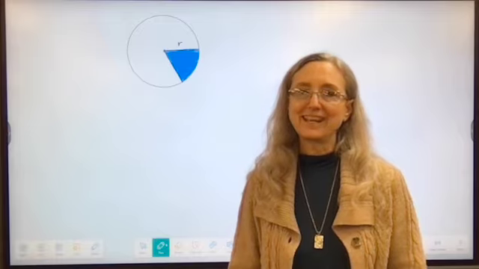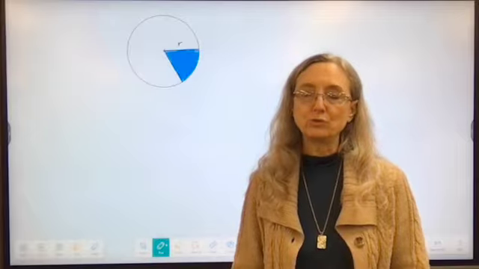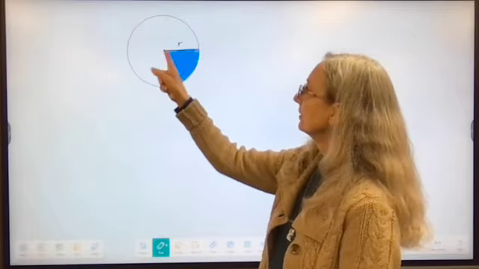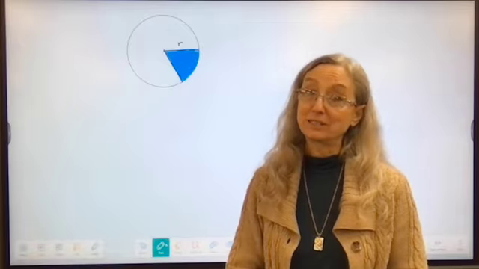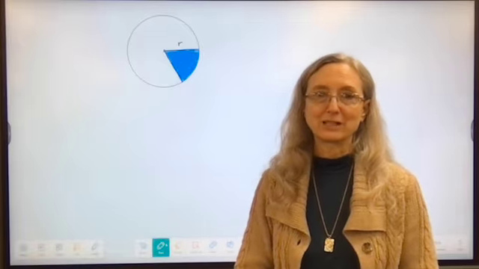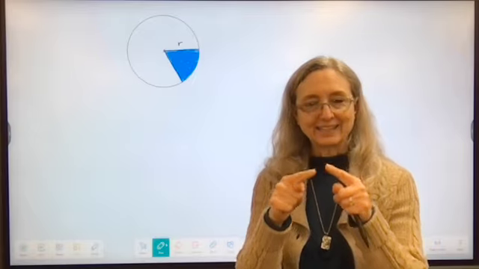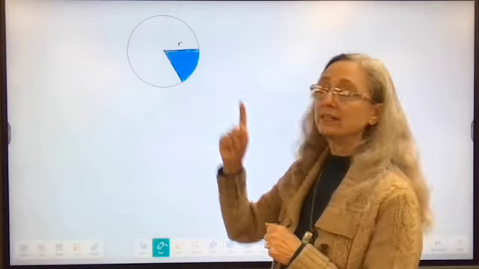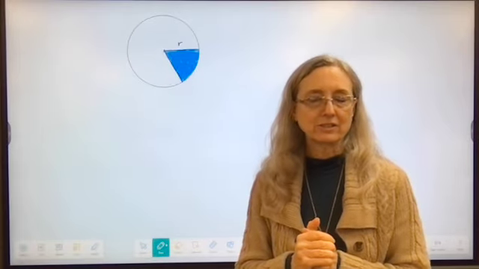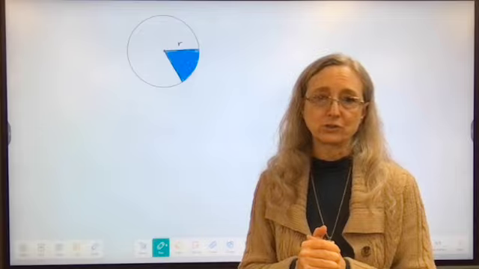Okay, I've taken a circle and I've drawn 2 radii, a radius here and a radius here, and it's sort of like I took my pizza or my pie, my Christmas pie, and I cut a wedge out of it, didn't I? And I created what's called a sector. This is a portion of the circle.